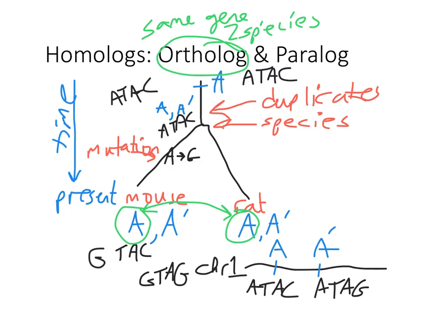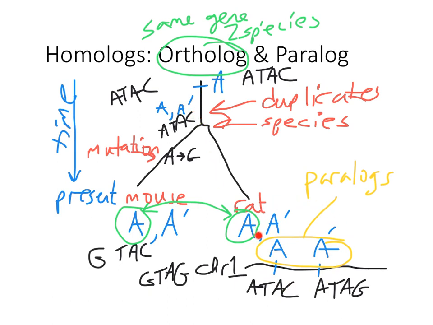Paralogs are different versions of the same gene in the same individual. So in this case, the rat A and A prime down here in the bottom right are paralogs. Those 2 genes, A and A prime, share an ancestral gene way back here at the top of the tree. Right? There was once one gene A that duplicated and became A and A prime.